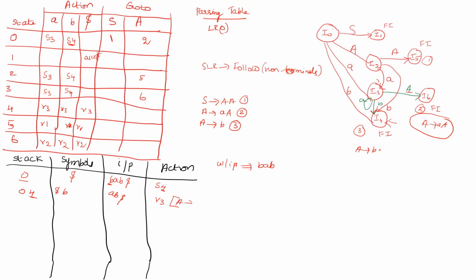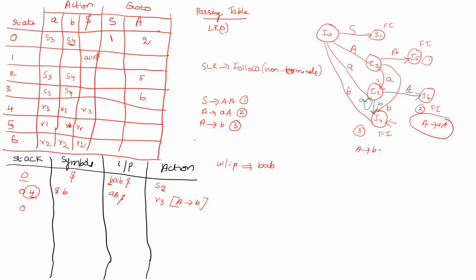A derives B. This is your production. Whenever there is a reduce operation, we have to pop out this number. So that has been popped out, and now you have only 0.